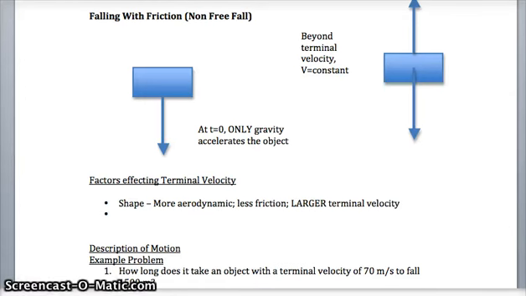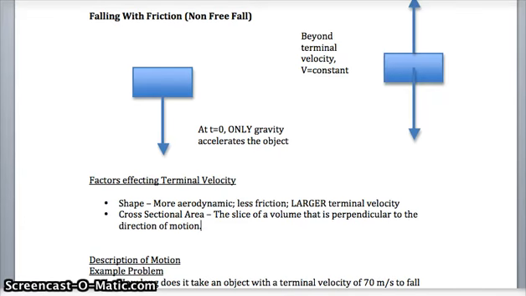Secondly, we have cross-sectional area. Now, you'll recall in class, cross-sectional area is different from surface area. Cross-sectional area is the slice, I'll write it down, the slice of a volume that is perpendicular to the direction of motion.